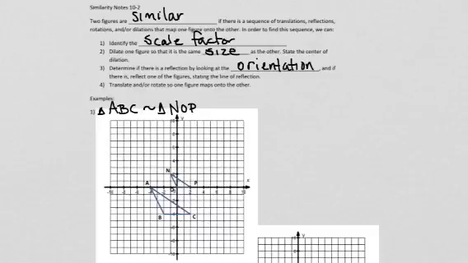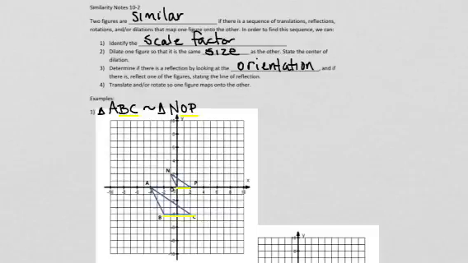Since BC is easy to see how long it is because it's horizontal, from B to C is 1, 2, 3, 4 units long. So BC is 4 units long, and the matching side to BC is OP because of the way it's named. So OP is 2 units long.